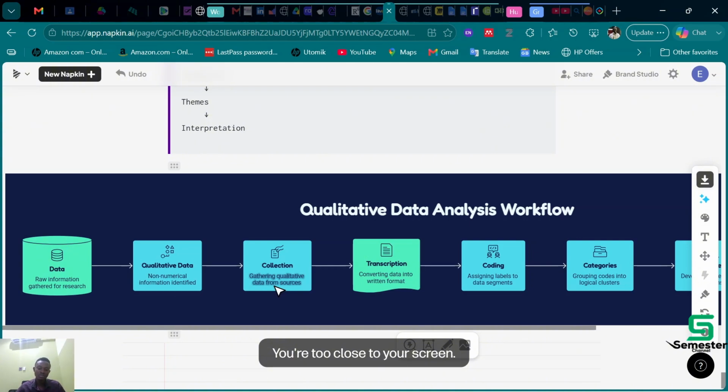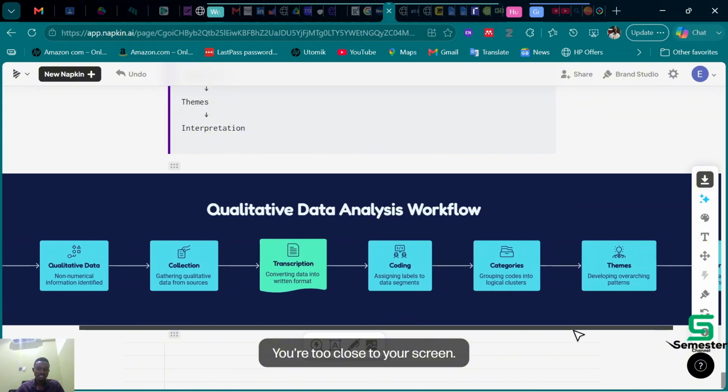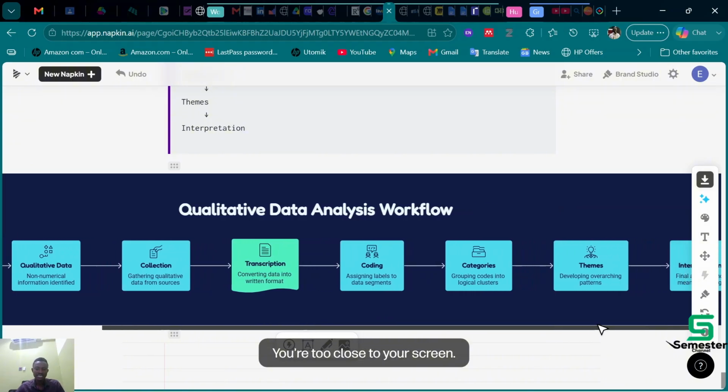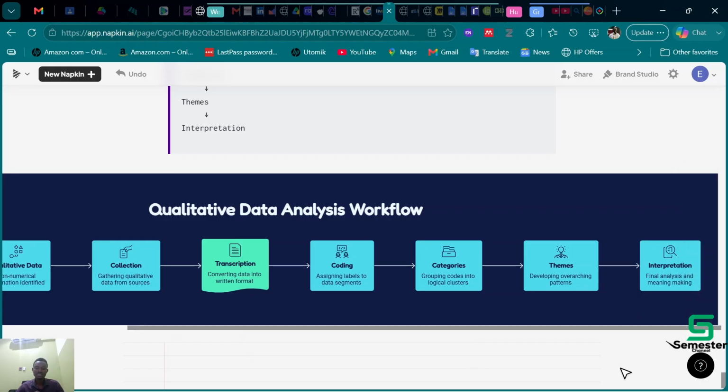We can also get them from documents, which are reports, etc. The interviews have to be transcribed into text. Once you transcribe them into text, you code them. Once you code them, you form them into categories, and then the overarching one is developing them into themes. And once you are done with the thematic representation, you interpret them in your results.